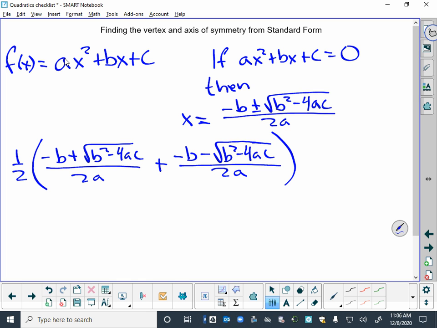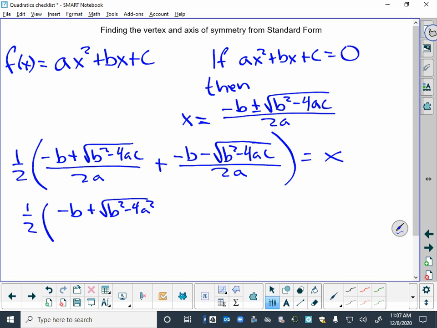This would be equal to that axis of symmetry. Now this is where hopefully there's some simplification that can happen, and we can see right off the bat that these two fractions already have a common denominator, so we can write the numerators together over the common denominator one time.